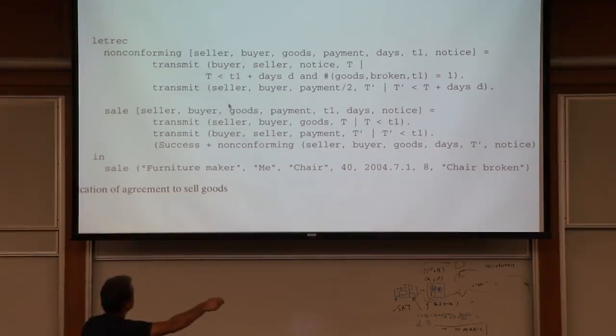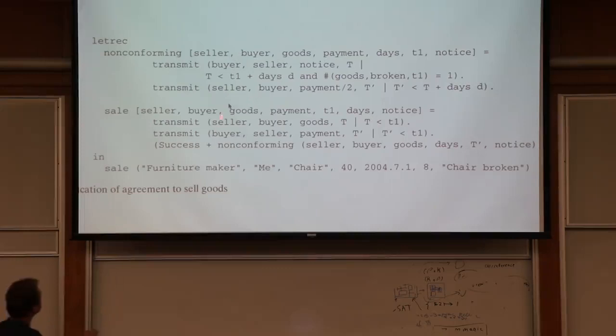And it is defined to be, as you can see, a dot, which means the first thing that has to happen is a transmit event between seller, buyer, goods, and T, where T is a free variable, such that the seller has to be the same as this one, the buyer has to be this one, the goods has to be this one.